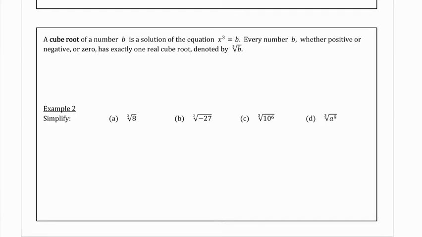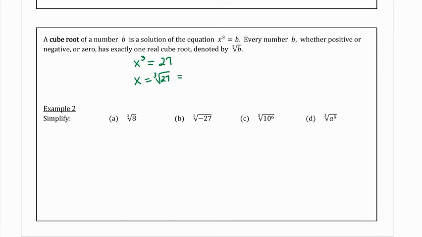So for example, if I've got x cubed equals, we'll do 27, right? If I take the cube root of both sides, I do x equals the cube root of 27. Remember, the cube root means what do I multiply times itself 3 times to get that number? Well, if I do 3 times 3 times 3, I get 27.